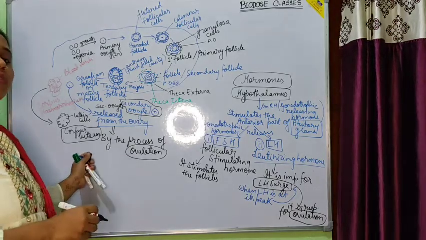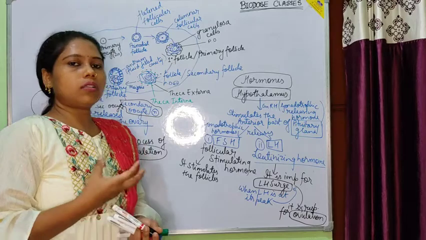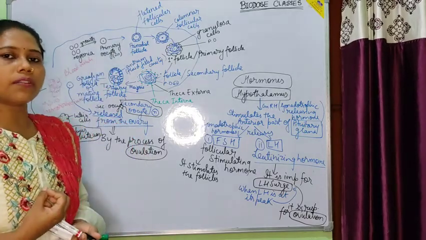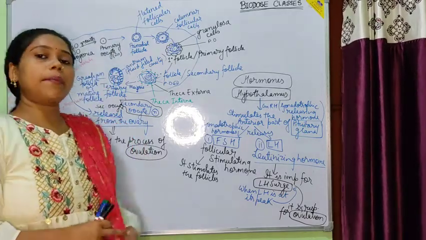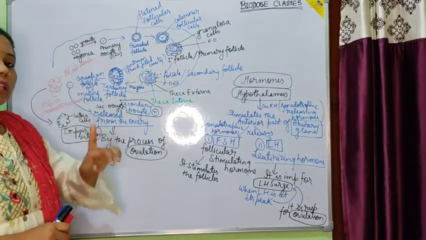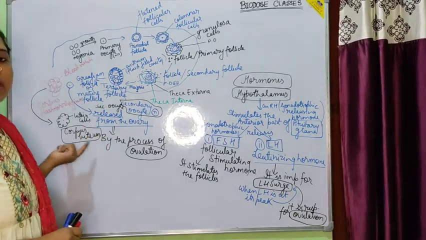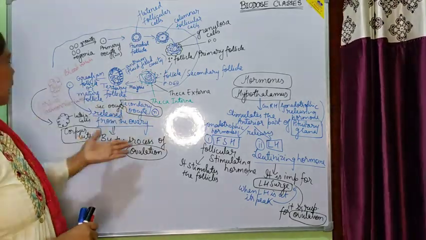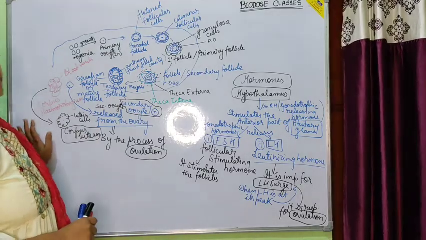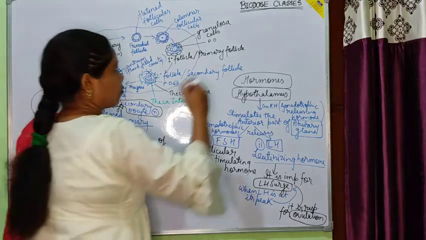This corpus luteum acts as a gland. Now, as we said, ovary is a primary organ of female reproductive system, and we have said prior that the primary structure is responsible for the release of gametes as well as the hormones. So this is the next part. Now this ovary is responsible for secretion of two hormones, which are also known as ovarian hormones.